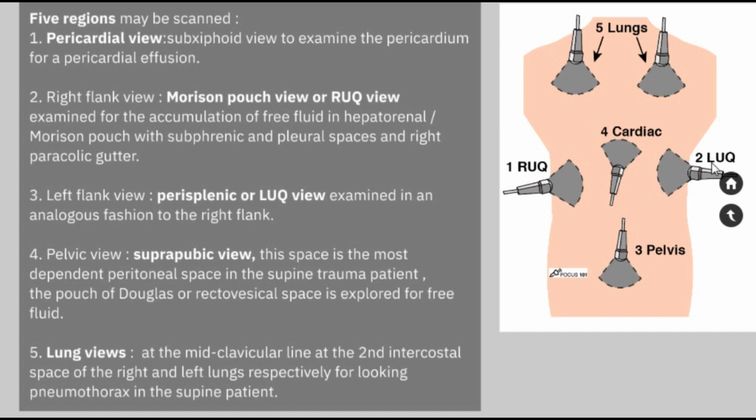In the left upper quadrant or flank region, we can see if there's fluid between the spleen and the kidney or around the spleen. And the last one is the pelvic region, in the pouch of Douglas in the female, if there is free fluid, or in the male's rectovesical pouch.